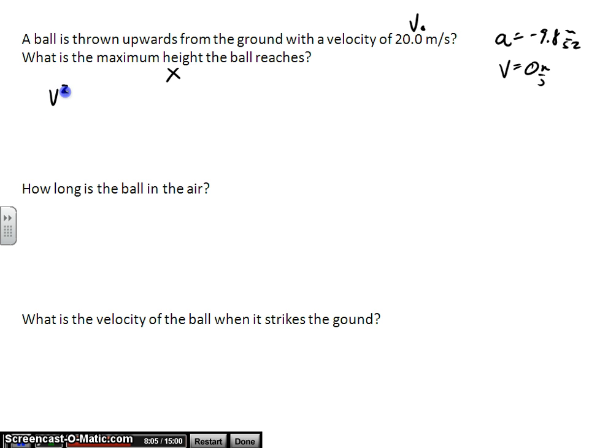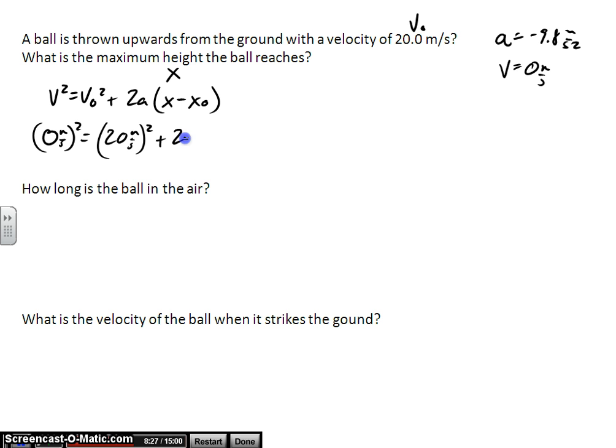Equation I would use, v squared equals v naught squared plus 2a delta x, and that delta x will become x minus x naught. Let's plug in: 0 meters per second squared equals 20 meters per second squared plus 2 times negative 9.8 meters per second squared times, I don't know my final height, minus the ground I started at, 0 meters.